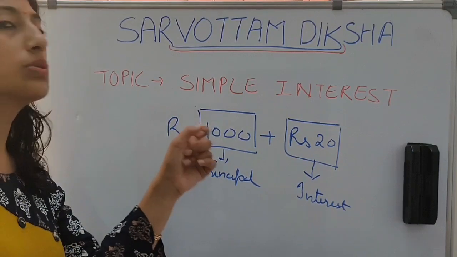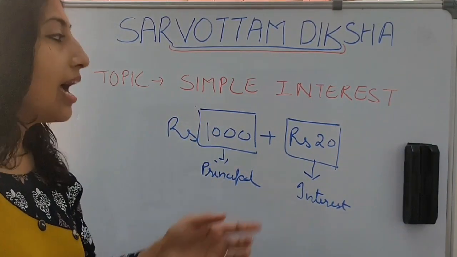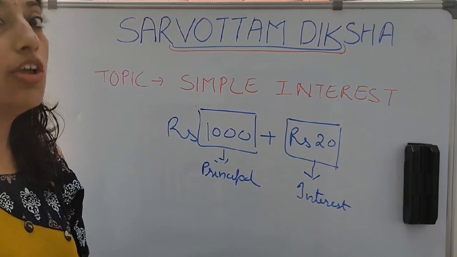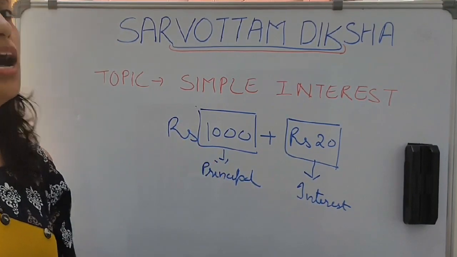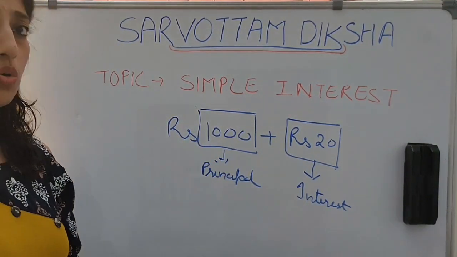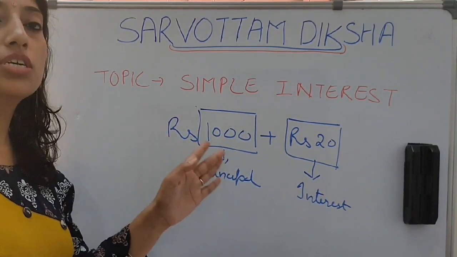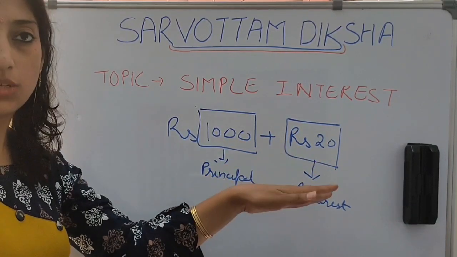So these 1,000 are actually like the house and these 20 rupees are like the charge or rent which you will pay me for using my money. In the end, I have to return the house to the owner as it is. Same way, in the end, you have to return this 1,000 to me as it is along with this charge.